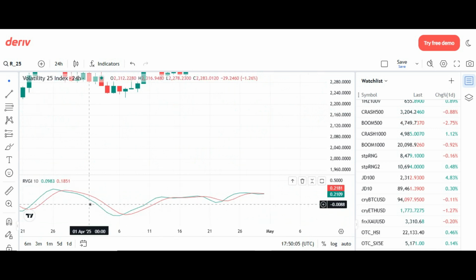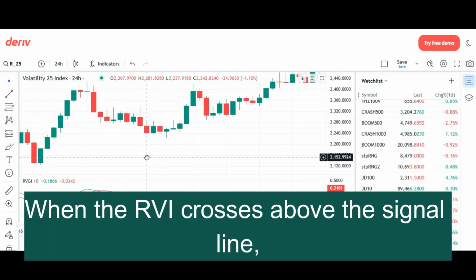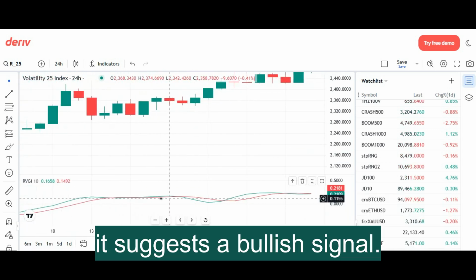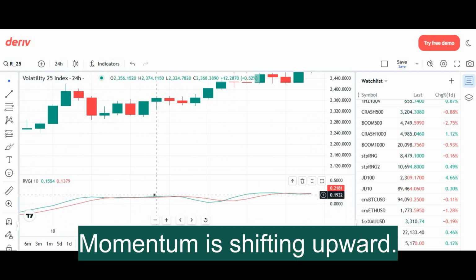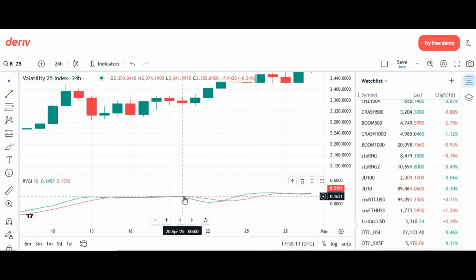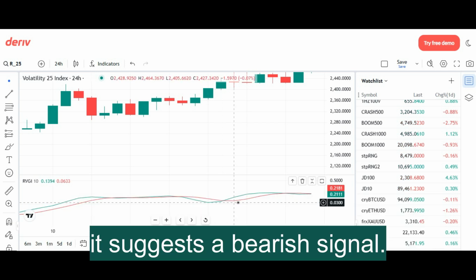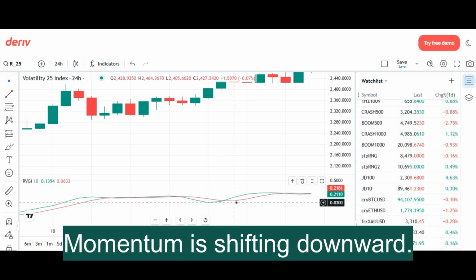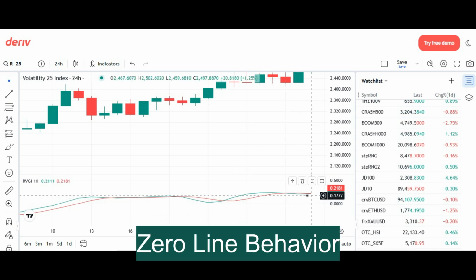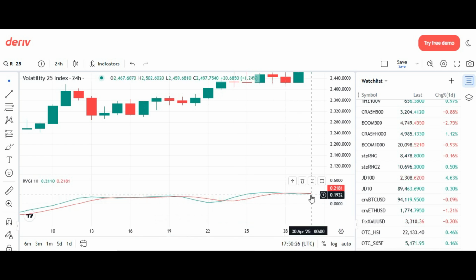Crossovers. When the RVI crosses above the signal line, it suggests a bullish signal. Momentum is shifting upward. When the RVI crosses below the signal line, it suggests a bearish signal. Momentum is shifting downward.